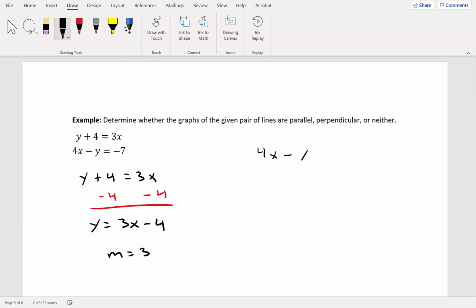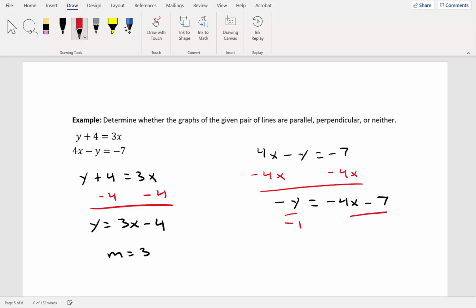Now my second equation, 4x minus y is equal to negative 7. I'm going to subtract 4x from both sides. I have negative y is equal to negative 4x minus 7. Now divide by negative 1 to get y by itself. You get y is equal to 4x plus 7. So now my slope over here is 4.